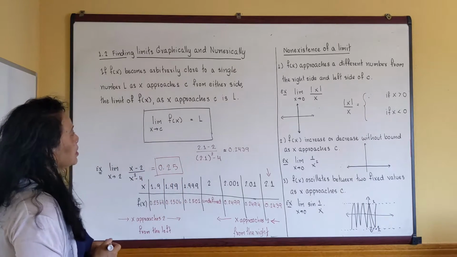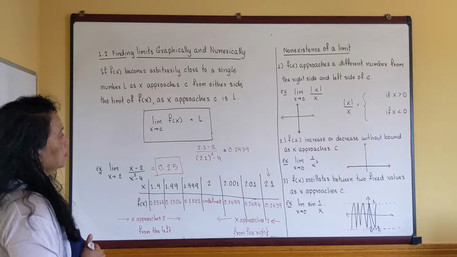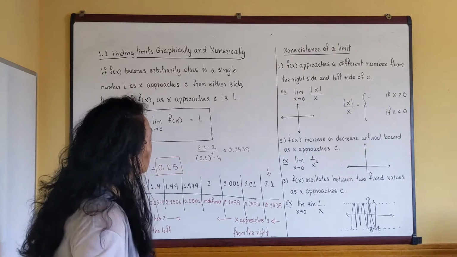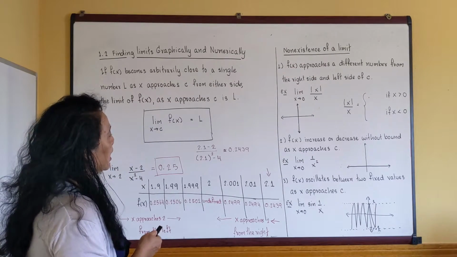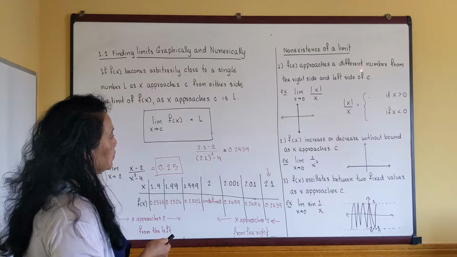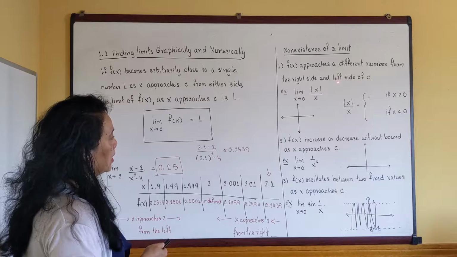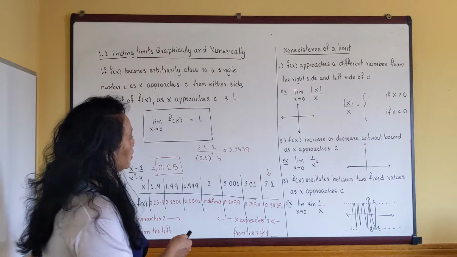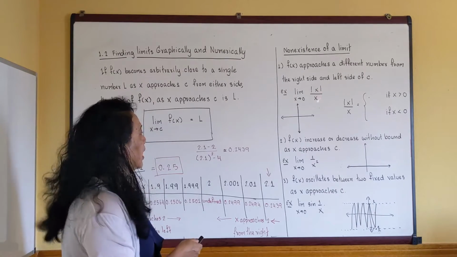Right? So let's look at the definition of non-existence of a limit. The first condition is if you have a function and f of x approaches a different number from the right side and left side of c. Look at the function here. I have the function absolute value of x over x.